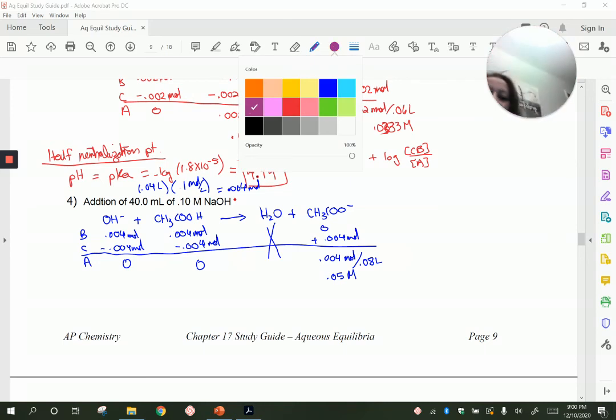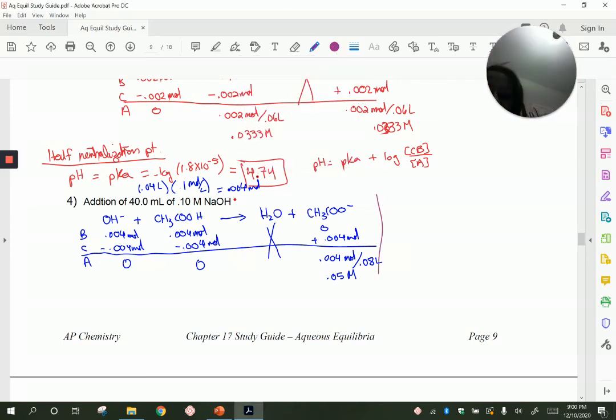So my acetate ion, I'm going to do it here, is going to react with the water. Now this is hydrolysis, so that's going to be a two-way arrow. That's an equilibrium. And we're going to form some acetic acid and some hydroxide ions.